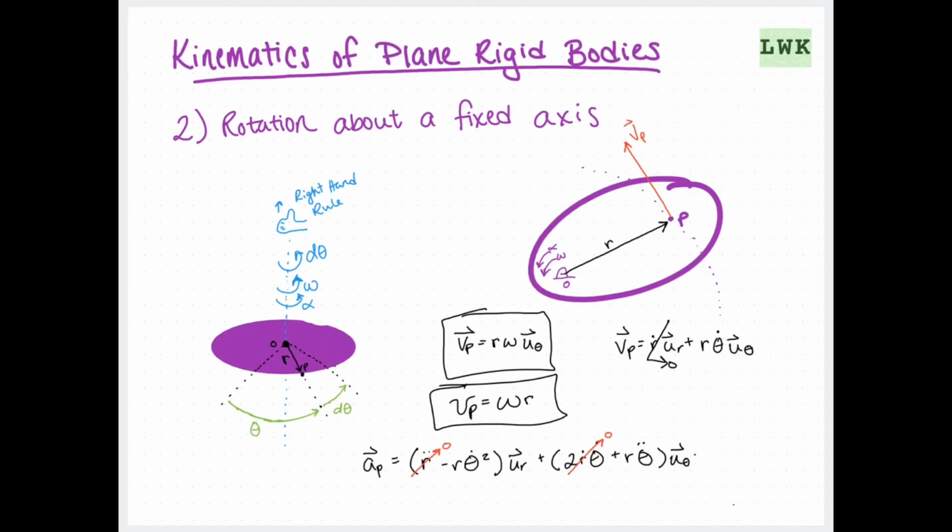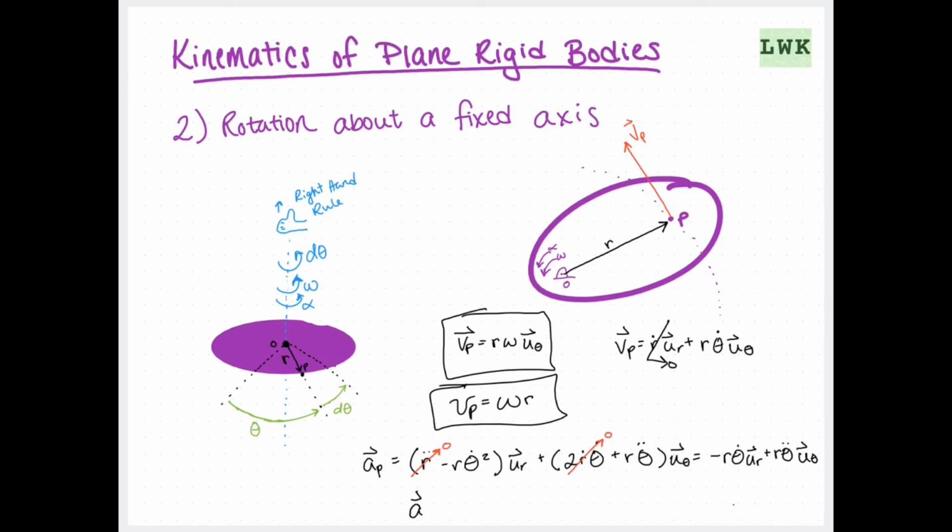So let's write this out again. This is going to be equal to negative R theta dot squared U sub R plus R theta double dot U sub theta.